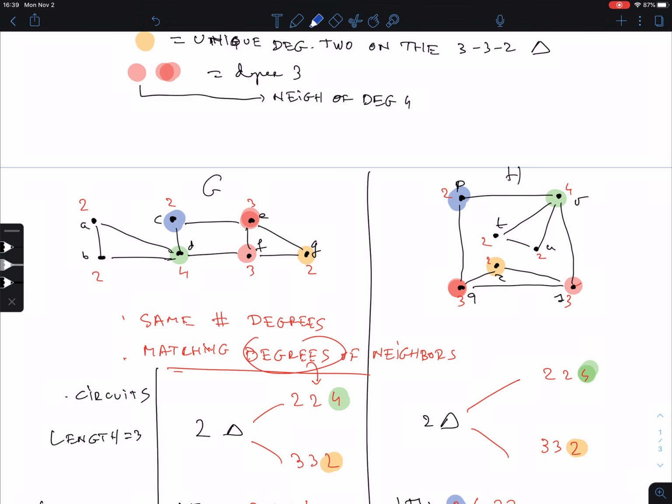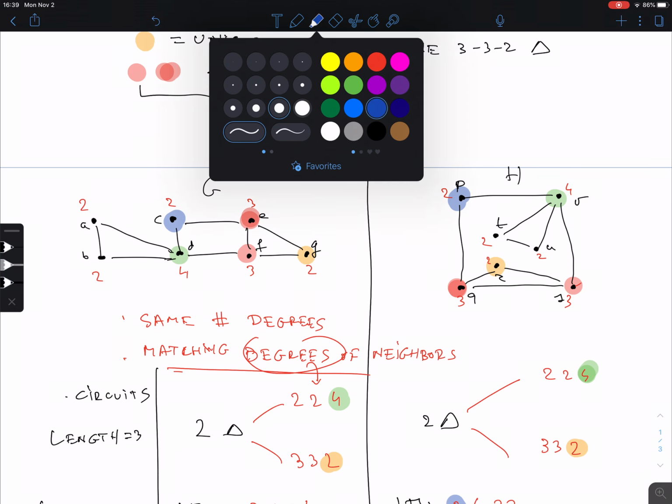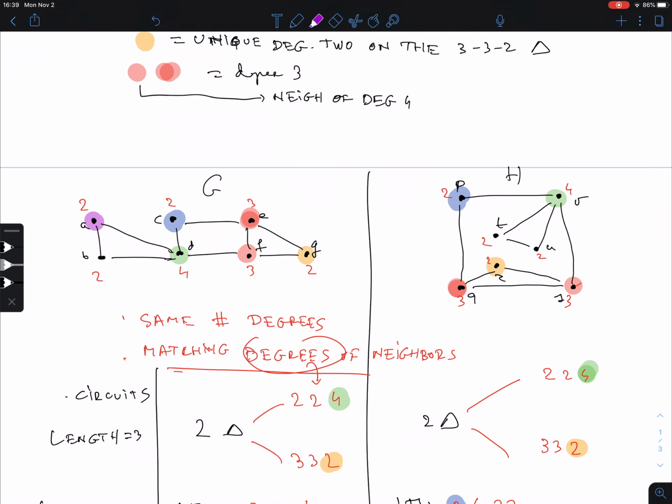The green guy says, okay, they're both my neighbors, and that's it. So here we have a little bit of freedom, and I'm just going to randomly choose and say I goes to this guy and B goes to this guy. And now I have my isomorphism, and what remains is calculating the adjacency of both, and then compare.